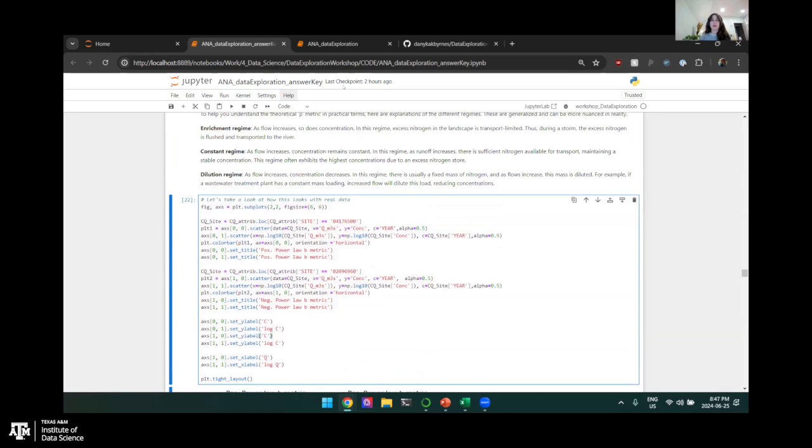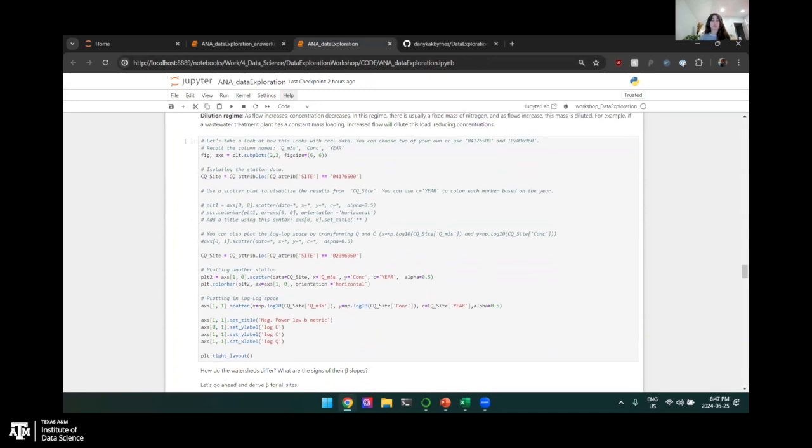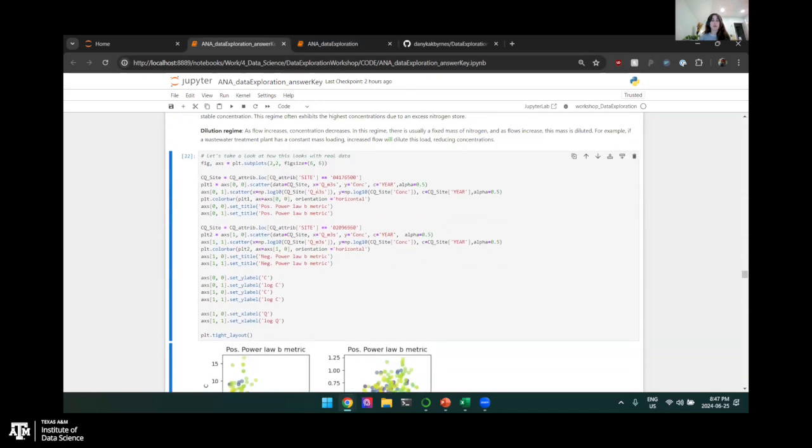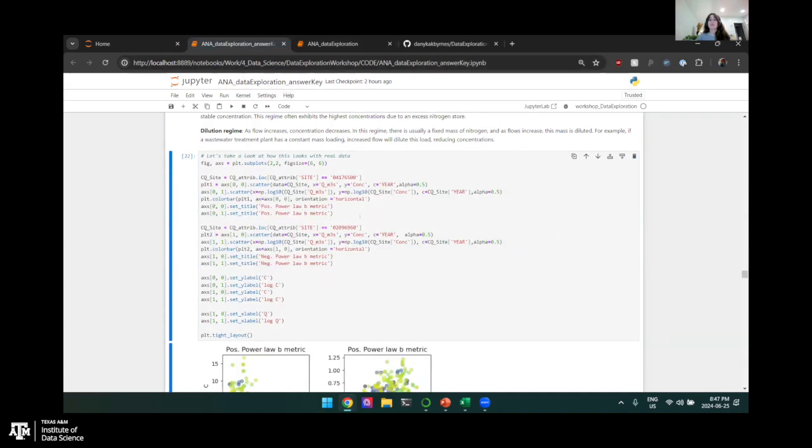So in your workbook, you have this portion to fill out. It's mostly there for you. I think I'm just getting you to plug in a few numbers, the CQ site data, putting in the flow and the concentration.